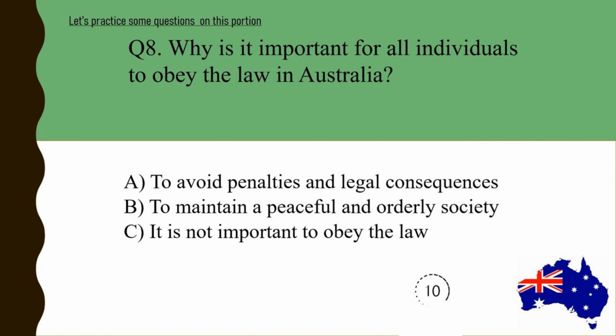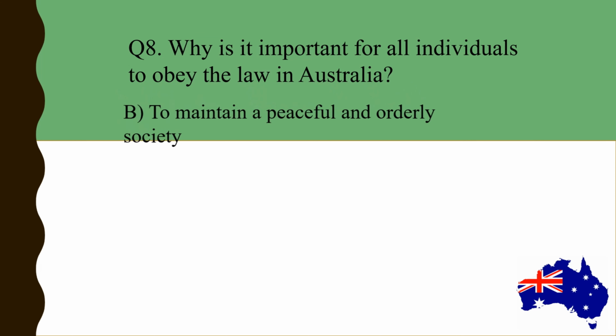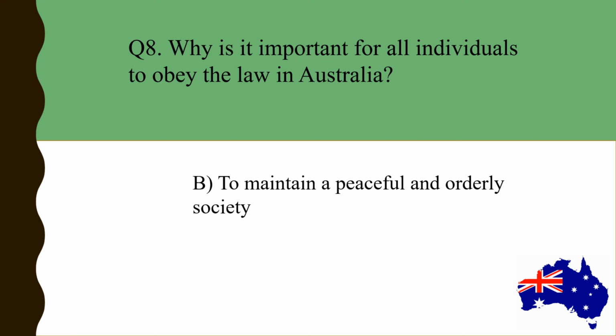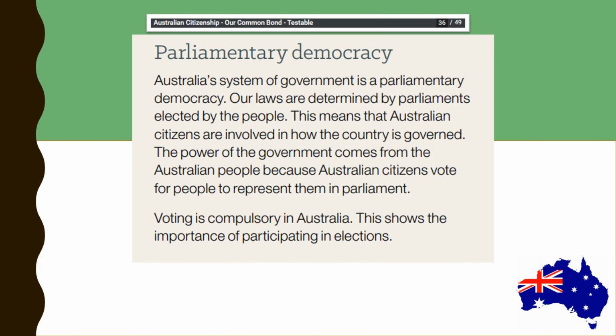Why is it important for all the individuals to obey the law in Australia? The answer is B. To maintain a peaceful and orderly society. Let's read the next portion.